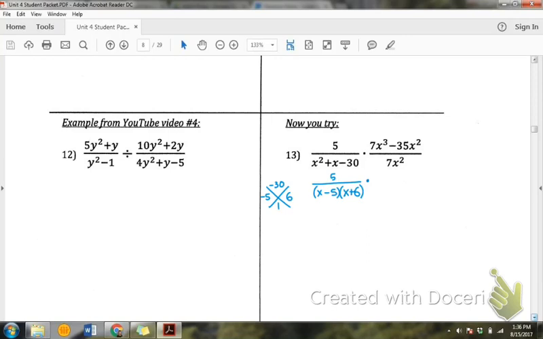Over times here. How are you going to factor that second numerator? The GCF. John, what is the GCF? GCF is 7x squared. 7x squared, okay? Which leaves me with x minus 5, right? And then I have a 7x squared on the bottom.